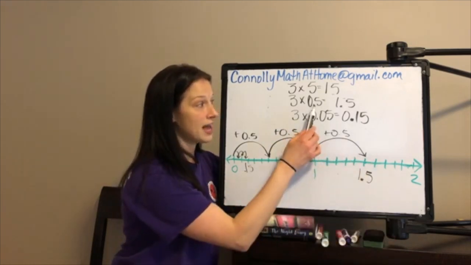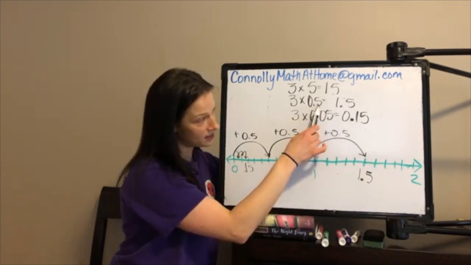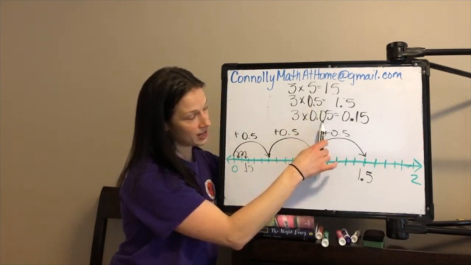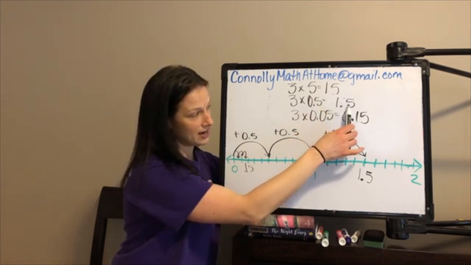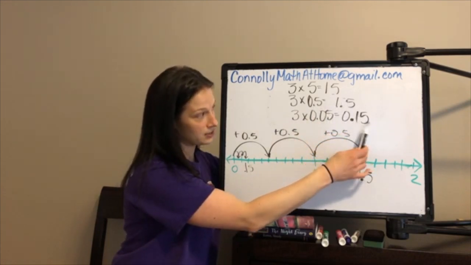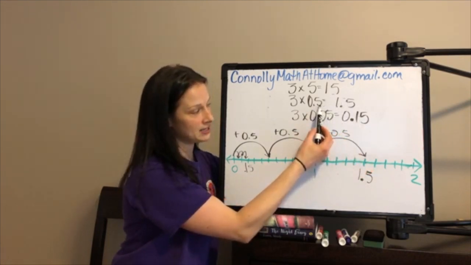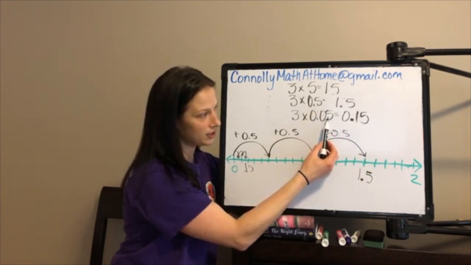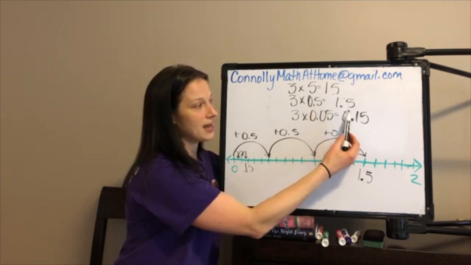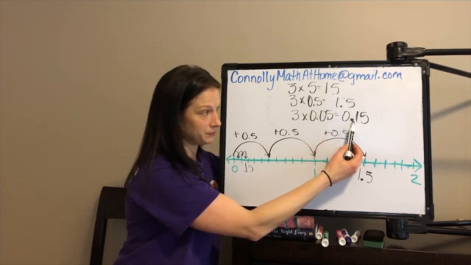Then I took 1/10 of my factor, so I had to take 1/10 of my product. What I'm saying is my factor 5/10ths got 10 times smaller. My product then also had to get 10 times smaller.